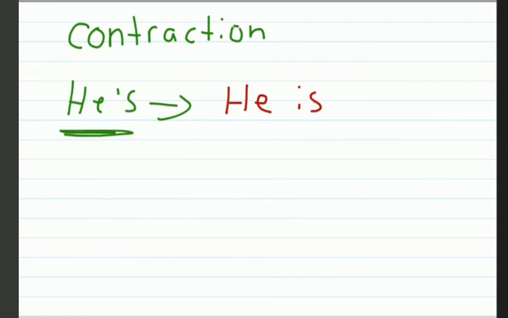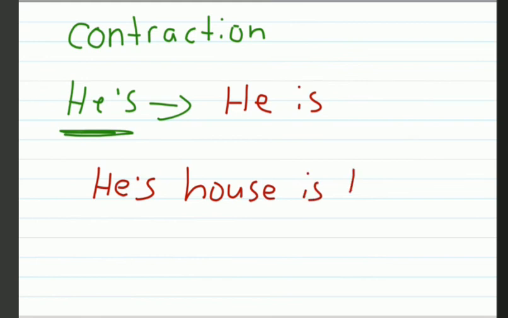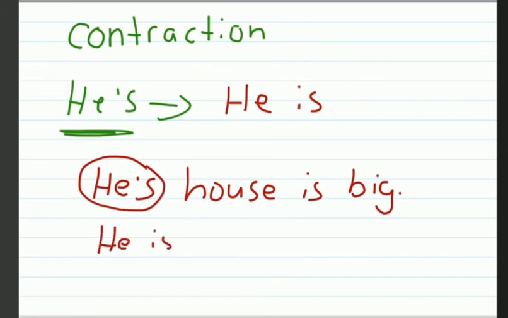So quite often we'll see students write a sentence like, he's house is big. This, however, is a contraction. Actually means you're saying he is house is big.